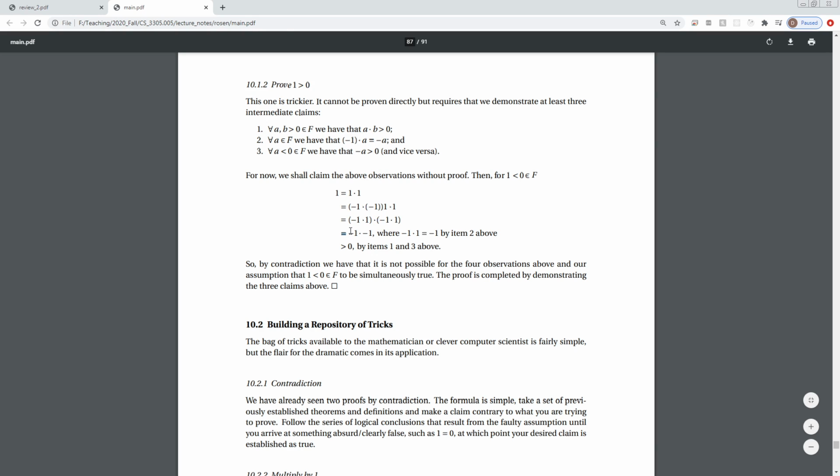And then the negation of this is greater than 0, because we have the -1, so if this is less than 0, then -1 is greater than 0. So then this is greater than 0, and this is greater than 0. If we have two numbers that are greater than 0 and we multiply them by each other, then we get something that is again greater than 0. So then this is greater than 0.